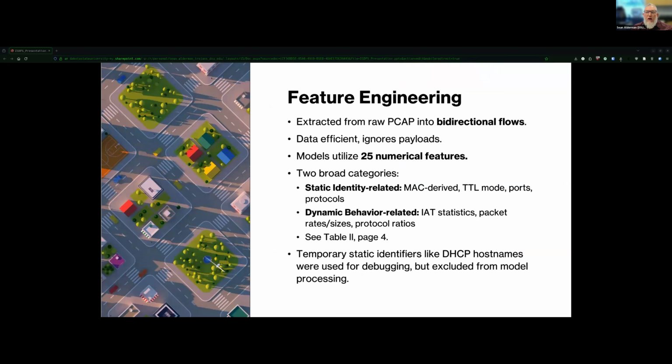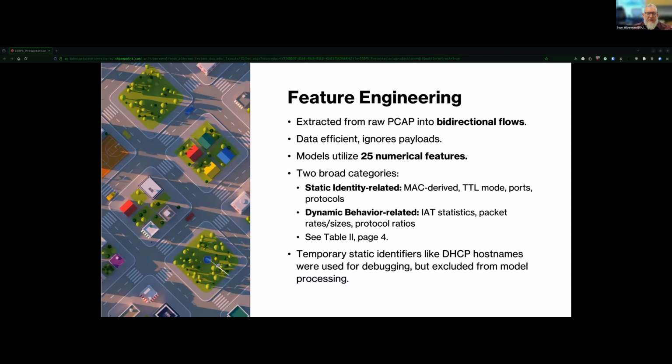We extract bidirectional flow features from the raw PCAP files. No payload inspection, which makes it very data efficient. The models use exactly 25 numerical features split into 2 groups. Static identity features come from things like MAC address values, TTL modes, and various other network ports and protocols that the devices use. And then we create dynamic behavioral features such as inter-arrival time statistics, packet rates and sizes, and protocol ratios over various time windows.